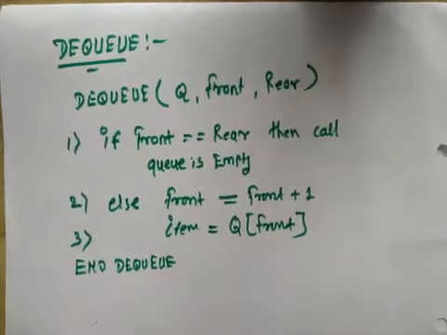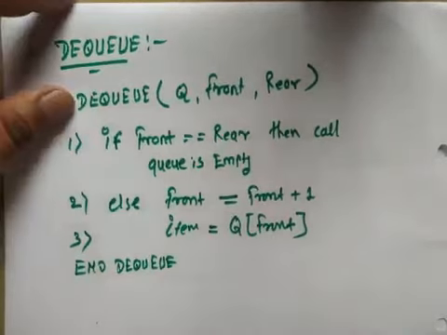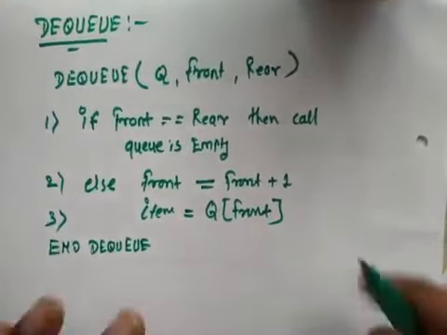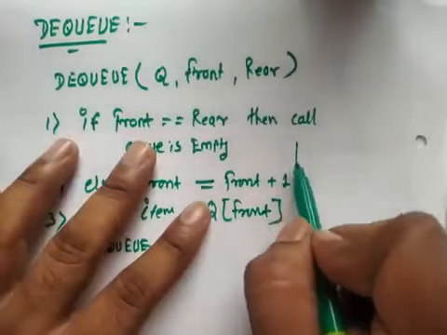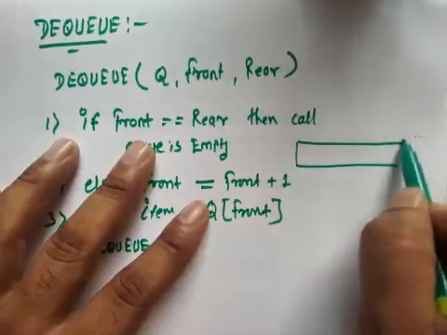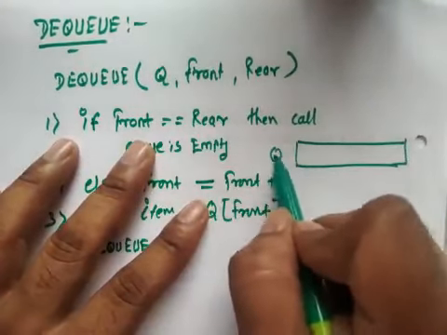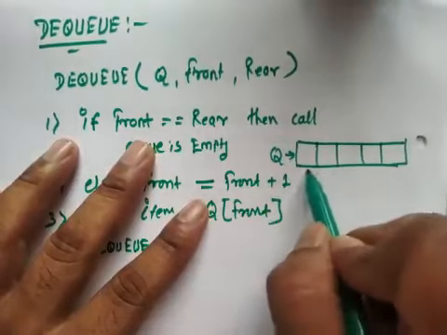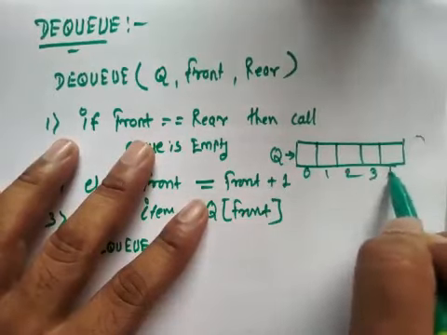So let's take the same example. Suppose we have an array, the name is q, having size 5, so indexes 0 1 2 3 4.